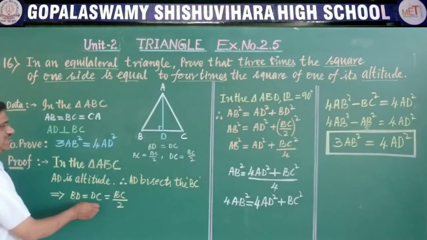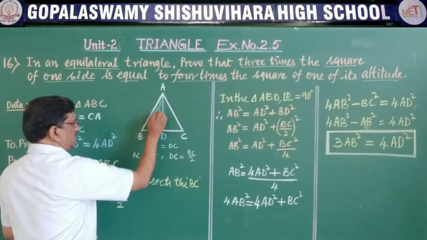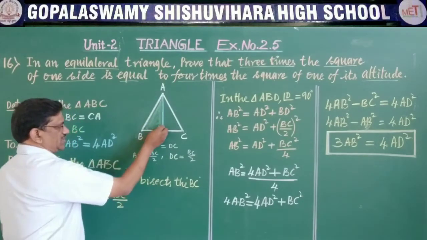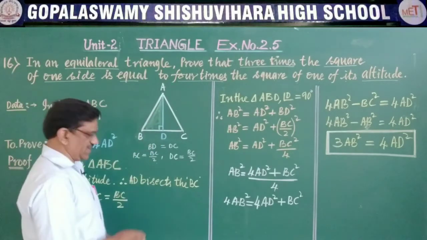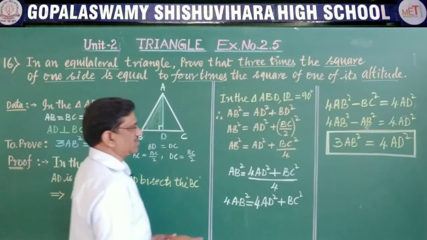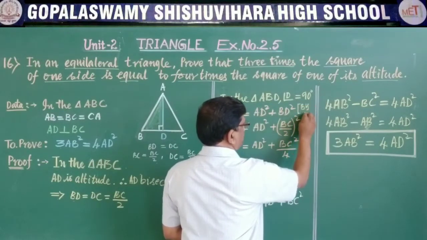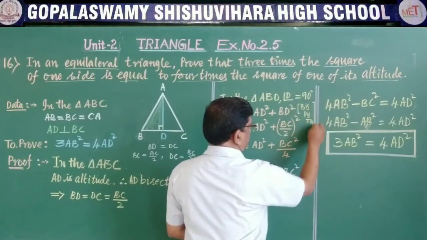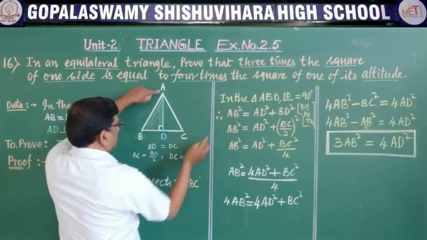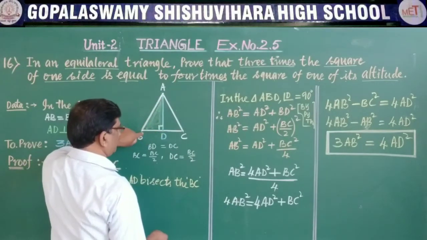Next, now let us take the triangle ABD. You know that angle D is equal to 90 degrees. So we can apply Pythagoras theorem, isn't it? By Pythagoras theorem, we can write AB square, the square on the hypotenuse, is equal to AD square plus BD square.